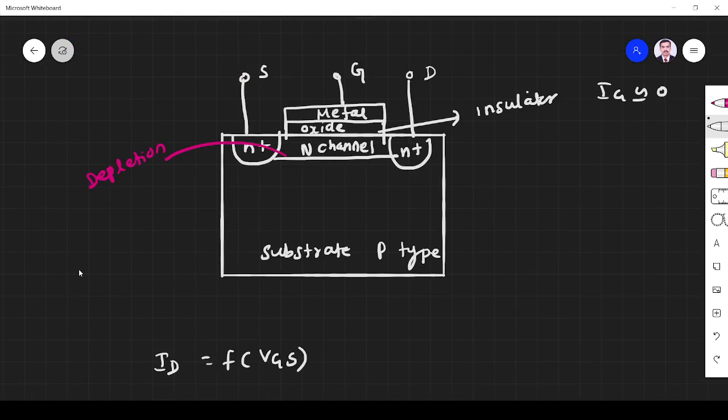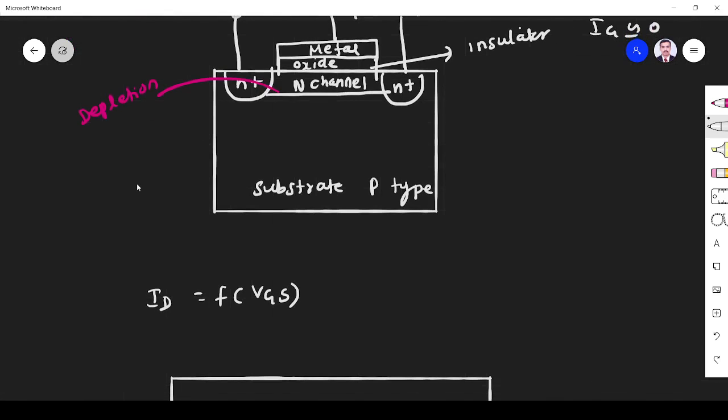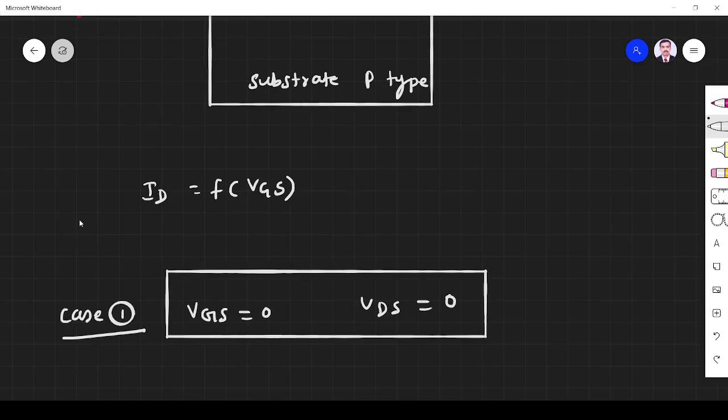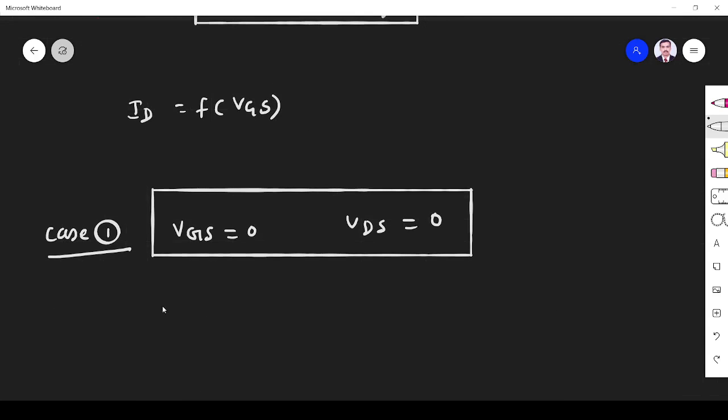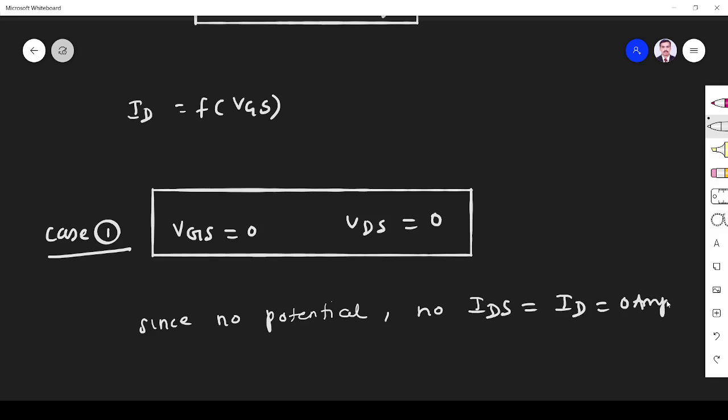Then there won't be any current flow through the device. Since there is no potential applied, there is no current. That is, no ID, no drain current. So IDS, which is nothing but ID, is equal to 0.